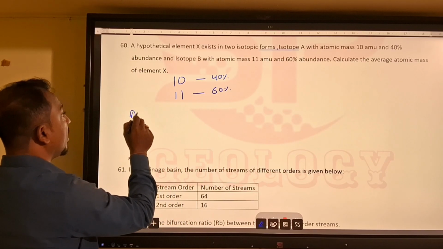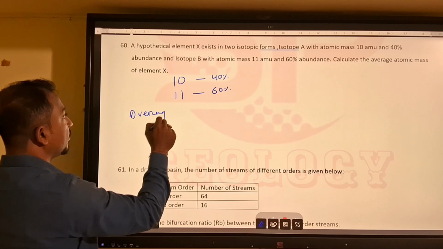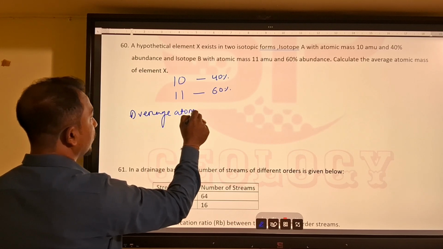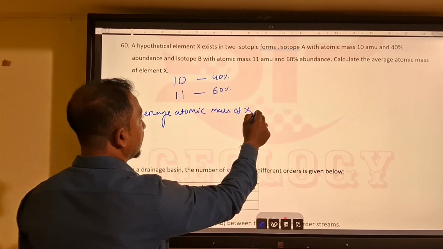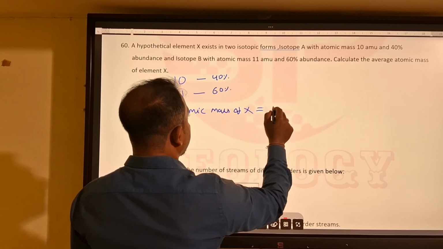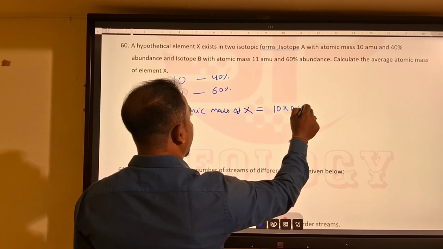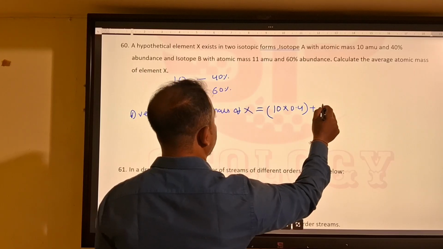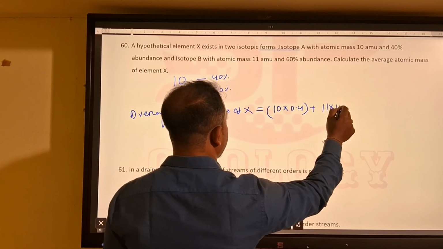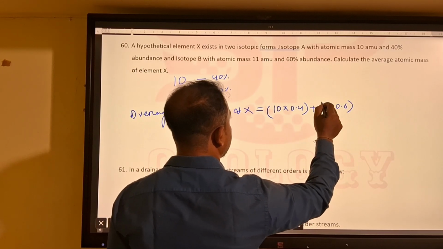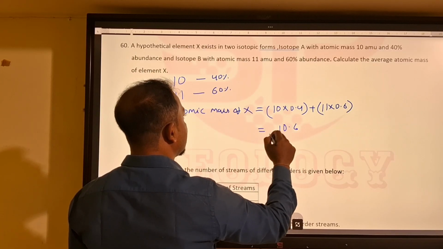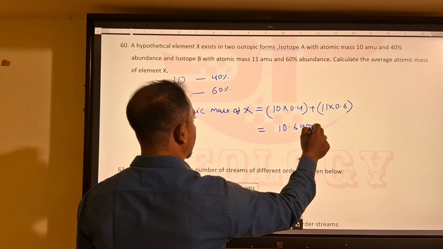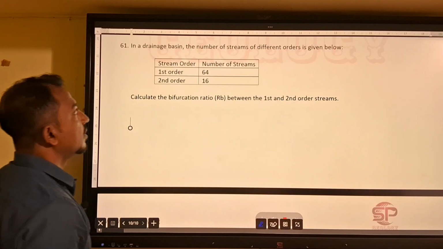So average atomic mass of X will be 10 into 0.4 plus 11 into 0.6. It will be 10.6 amu, atomic mass unit.